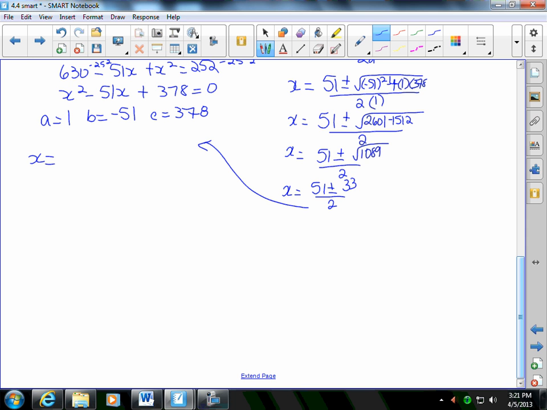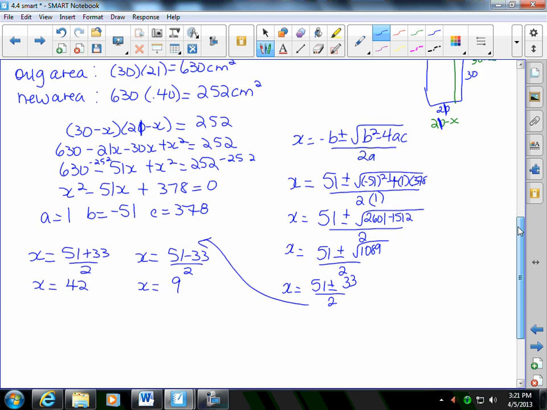So x is equal to 51 plus 33 over 2, which means that's going to be 84 over 2, which is a 42. And x is going to be 51 minus 33 over 2. So 51 minus 33 is 18, divided by 2 is 9. So I have my 2 solutions, 42 and 9.